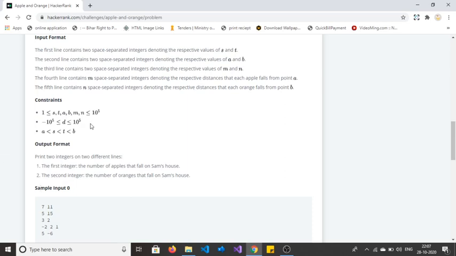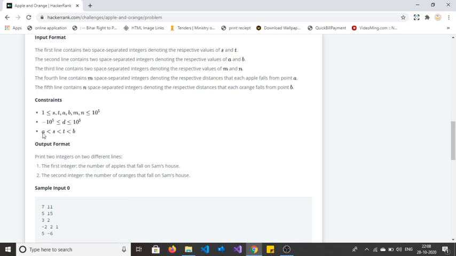Let's understand the constraints. The values of S, T, A, B, M and N will be between 1 and 10 to the power 5, and the distance values will be between negative 10 to the power 5 and 10 to the power 5.